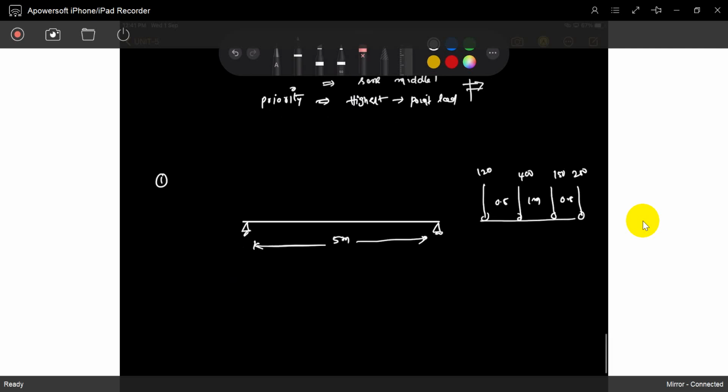So these are the rolling system moving from one end to the other. Find out the absolute maximum bending moment in a span.